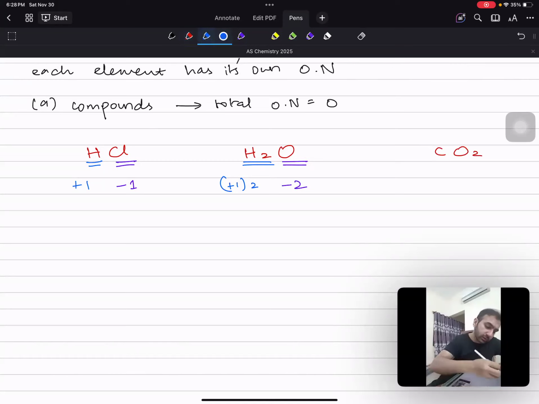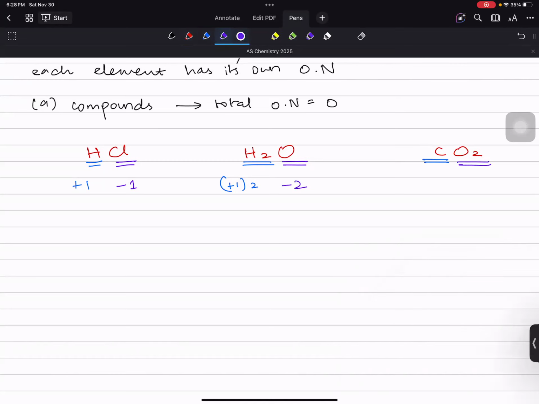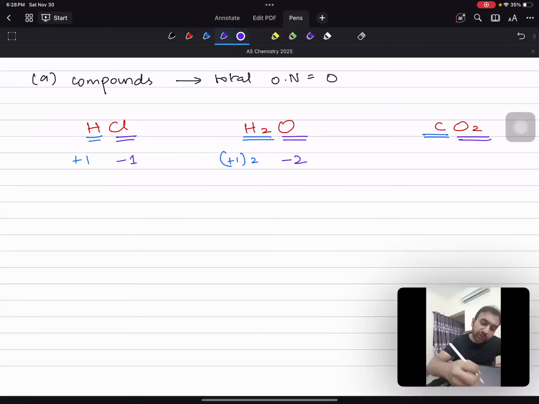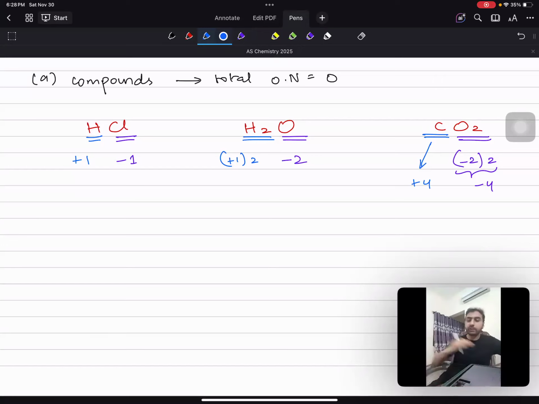Carbon is group number 4, oxygen is group number 6. Oxygen always makes a -2 charge whenever it is in a compound. So there are 2 oxygens, so that's -2 times 2, which means -4. Carbon has to be +4 so that the total can be equal to 0.